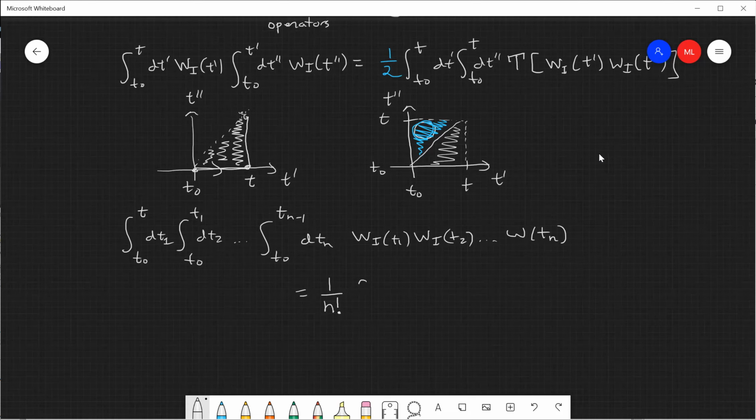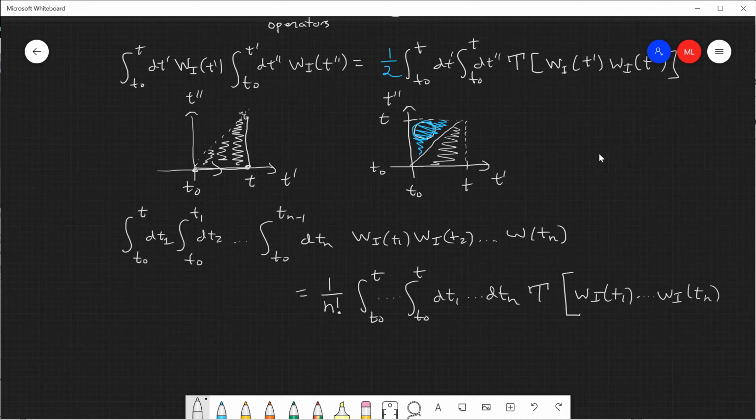And you can reduce all of these integrals to just integrations from T0 up to T. A bunch of them, all of them the same. And the only price that you pay for doing that is now you need a time ordering of the product of all of these interaction picture perturbation guys.